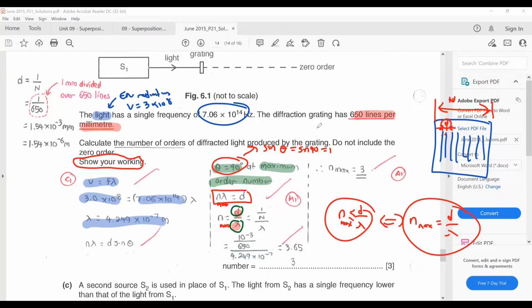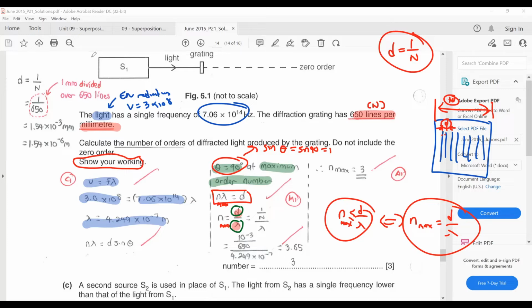They've given you that the diffraction grating has 650 lines per millimeter. This is your n right now. It is your number of lines per millimeter. So what was the relation between n and d? In the notes, it was written that d is 1 over n. So if you take 1 divided by n, you will be able to get d.